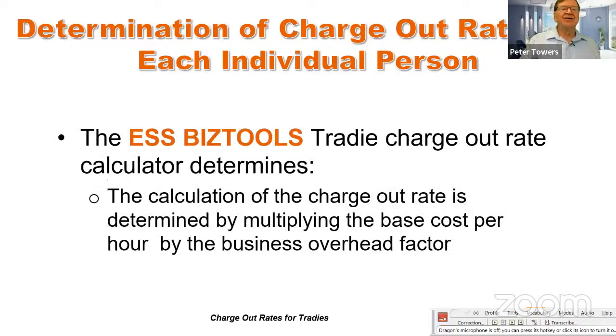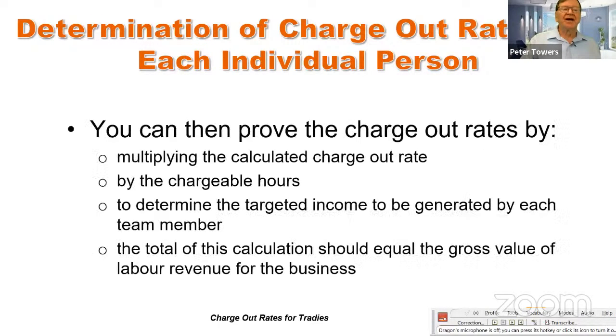The system then determines the individual charge out rates for each individual person. This is done by the calculation of the charge out rate, multiplied by the base cost per hour by the business overhead factor. So those calculations just go ahead in the background in the system, and what you then have is the charge out rates for each individual person.